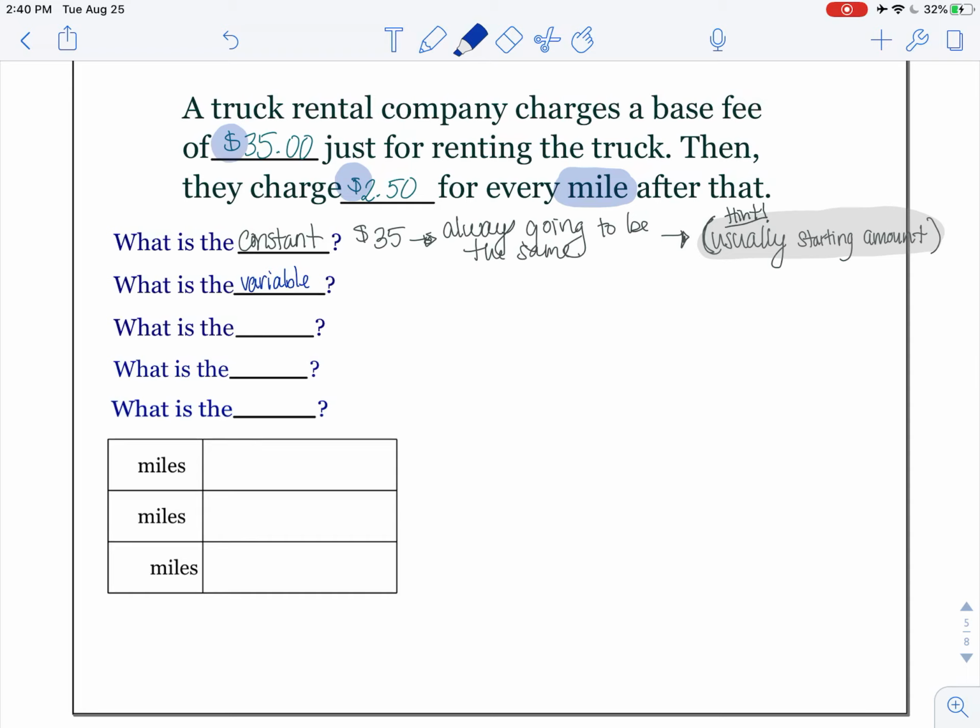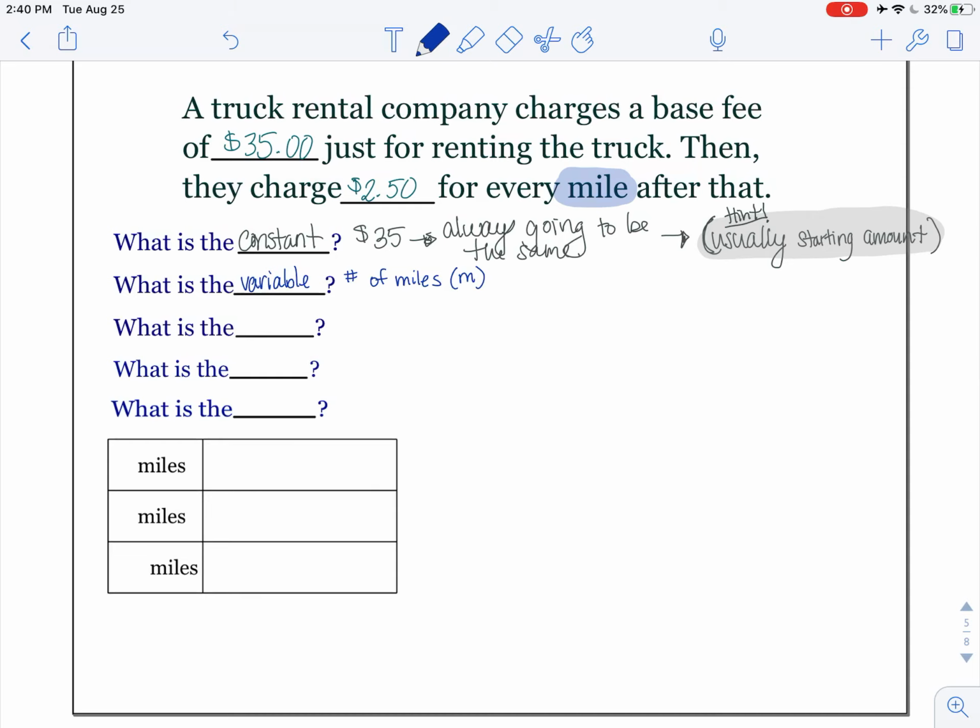Which one do we not know? Well, we don't know the total dollars, you're right, but we do know that it's going to be $35 plus $2.50 a mile. What we do not know is how many miles. So our answer is the number of miles. That's what our variable is going to be, and we need to choose a variable to represent that.